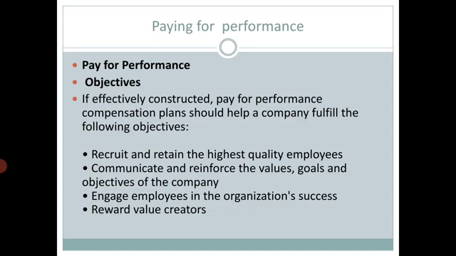Then communicate and reinforce the values, goals and objectives of the company. What does it mean? You should always communicate the values, goals and objectives of the company. Why?